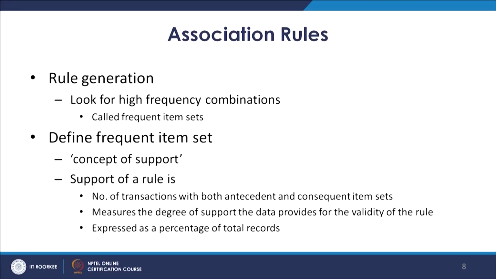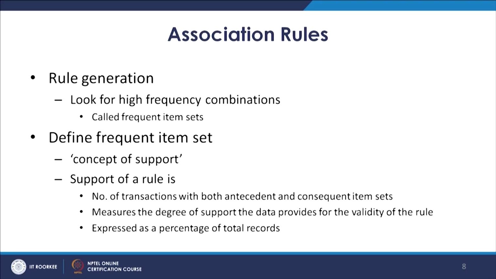This number will give us the idea of the support of that particular rule. If this is the rule, if red and white then green, the support of the rule is the number of transactions with both antecedent and consequent item sets. That gives us an indication of the support that a rule enjoys.